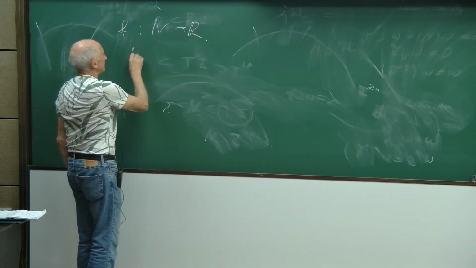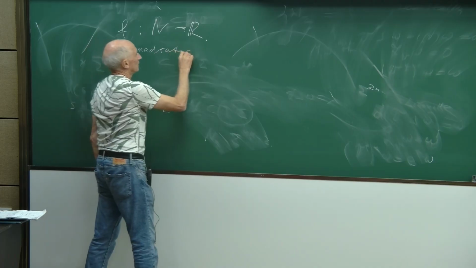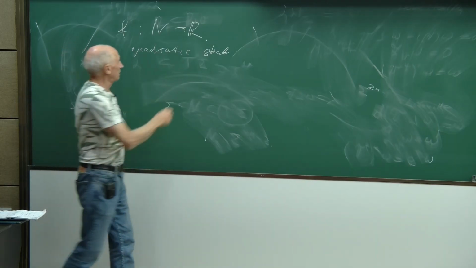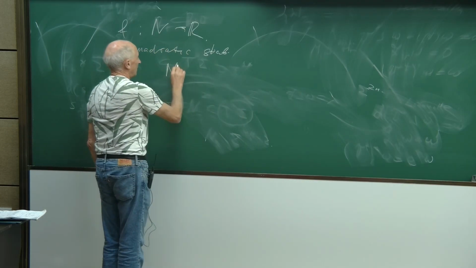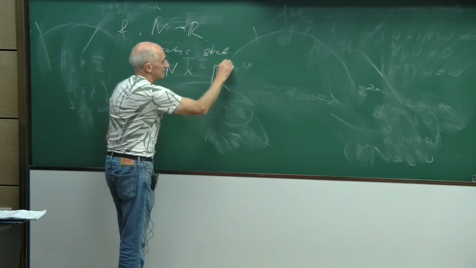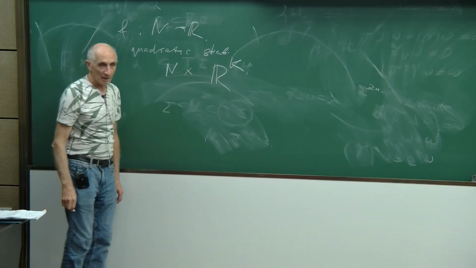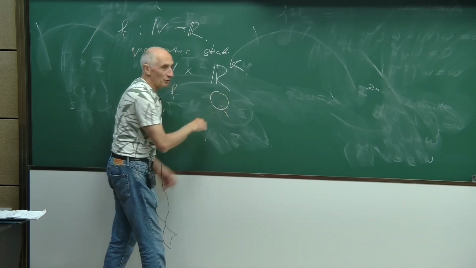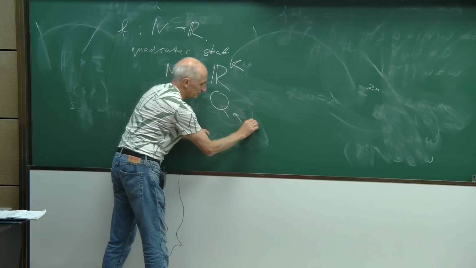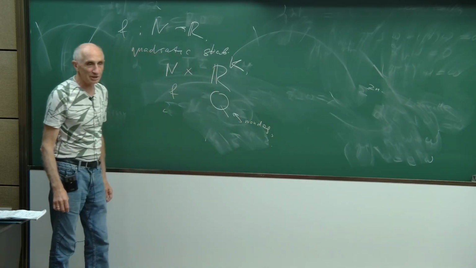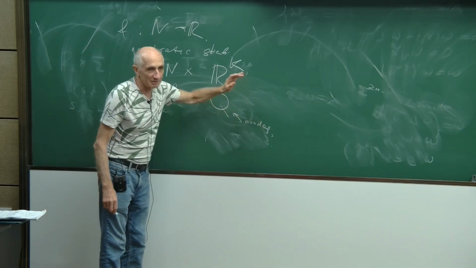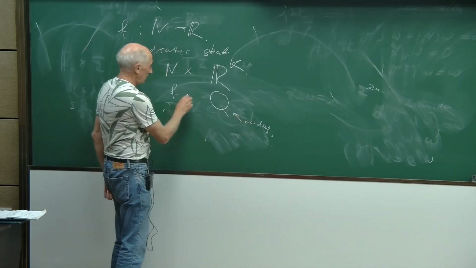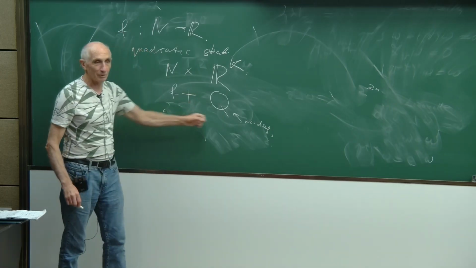By quadratic stabilization of this, I mean taking the product of n with R to some big power k, and considering the function f and picking some non-degenerate quadratic form, you can fix this, it doesn't matter, and considering the function f plus q.